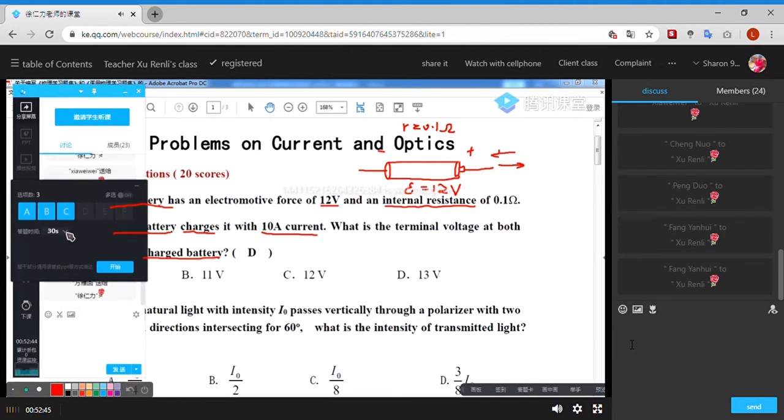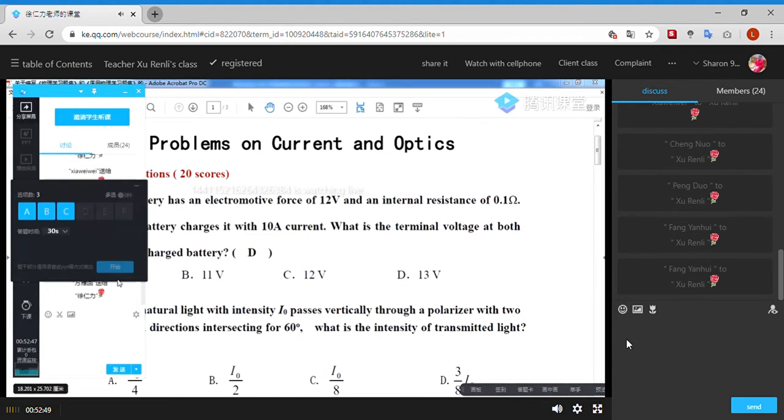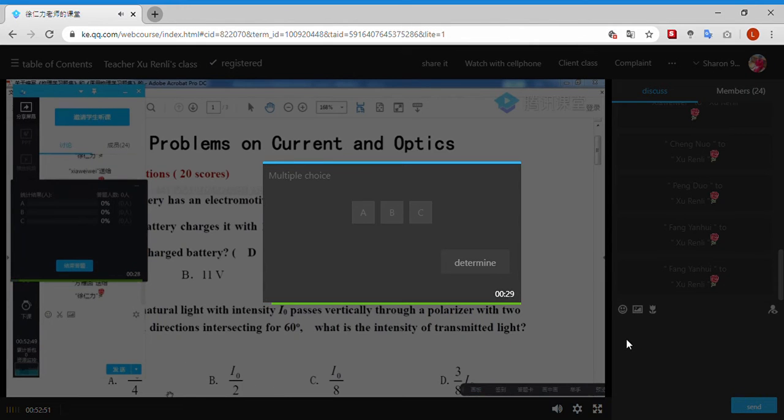Maybe you need to choose the answer. This is the negative pole, and this is the positive pole. If we want to charge this battery, what is the direction of the current?